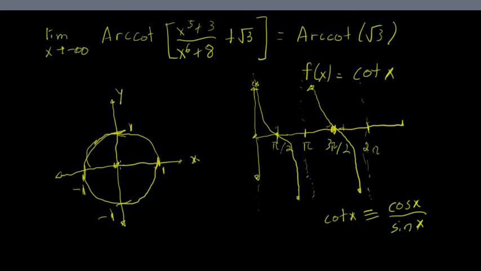And theta is measured with respect to the positive x-axis. This is theta here. Remember, every point on this circle can be represented as cosine of theta, comma sine of theta. And that's to say that cosine of theta is the x coordinate on the unit circle, where theta is the angle swept in the counterclockwise direction from the positive x-axis.